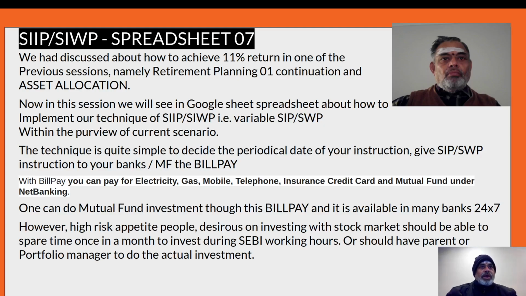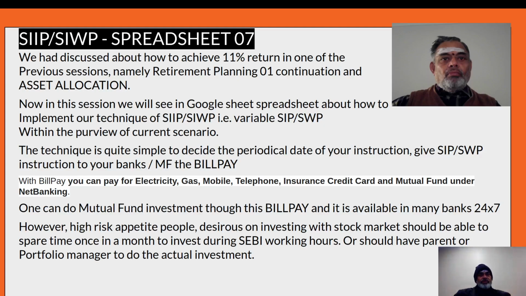The technique is quite simple. Decide the periodic date of your instruction: once in a month, or once in a year. Give the SIP, SWP instruction to your bank's mutual fund by bill pay. With bill pay, you can pay electricity, gas, mobile, telephone, insurance, credit card, and mutual fund under net banking.